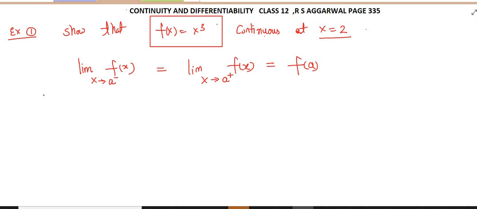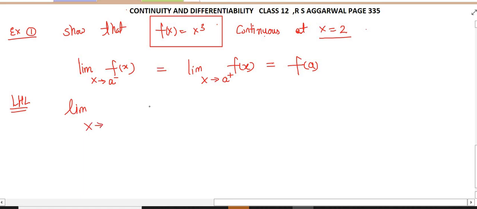Let's check left hand limit. Limit x tending to, we need to check at 2, so we will write 2 minus. 2 minus means here if we have to check the continuity at 2, a number which is lesser than 2 but very close to 2.